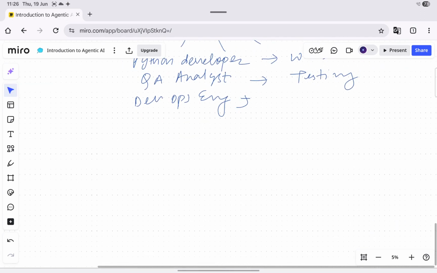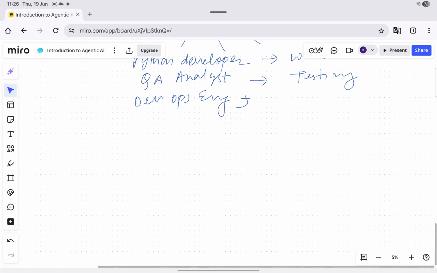Now let's discuss what multi-agent systems are. Multi-agent systems are a collection of autonomous AI agents that work together to achieve complex goals that would be difficult or impossible for a single agent to accomplish alone. Each agent has specialized capabilities and responsibilities.